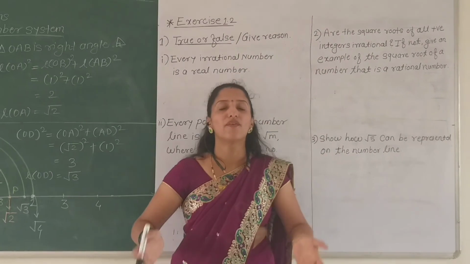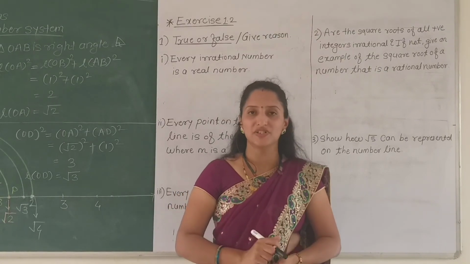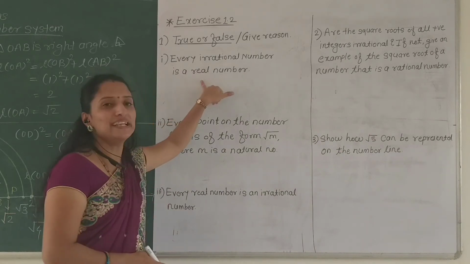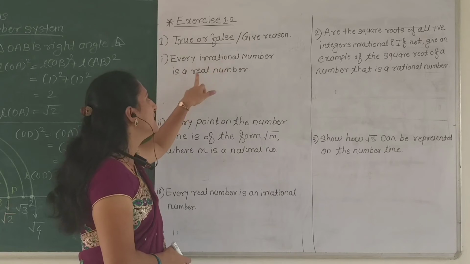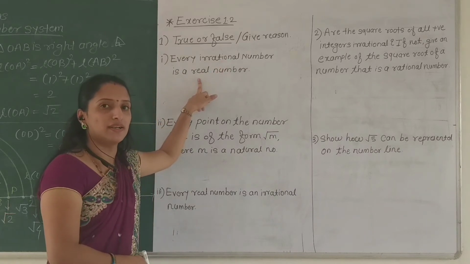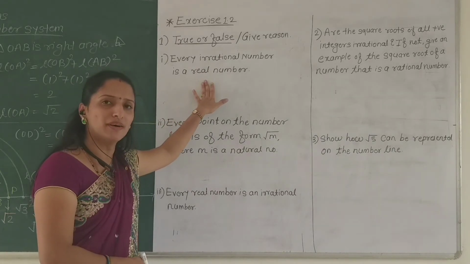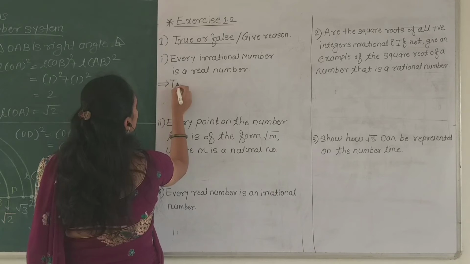Real numbers are formed by the group of rational numbers and irrational numbers. So all irrational numbers are contained in the real numbers. That means all irrational numbers are real numbers. Therefore, our statement is true here.